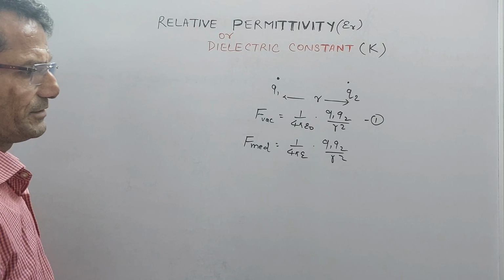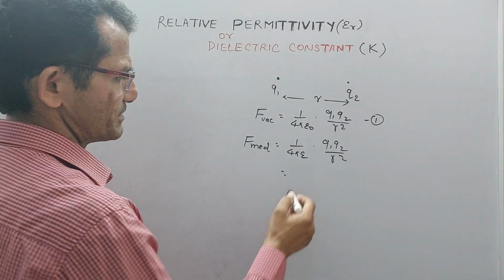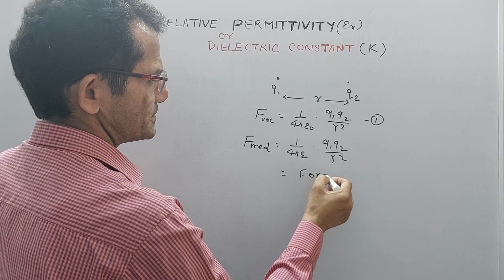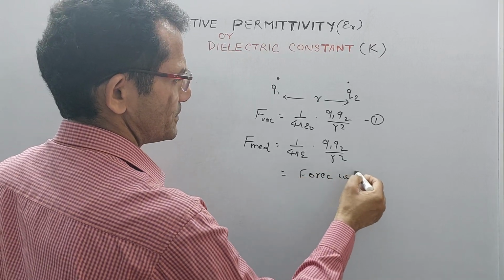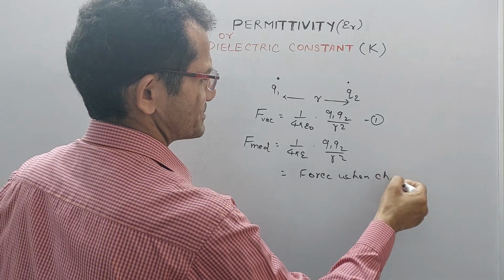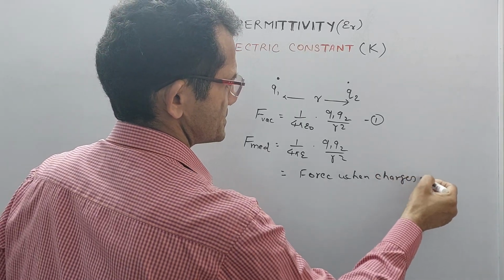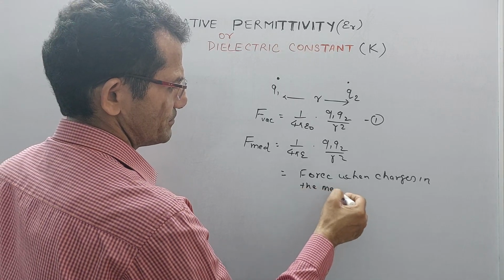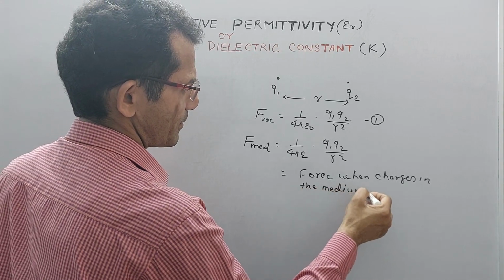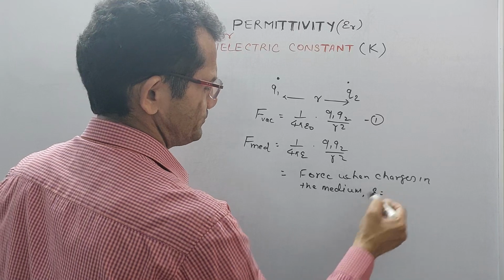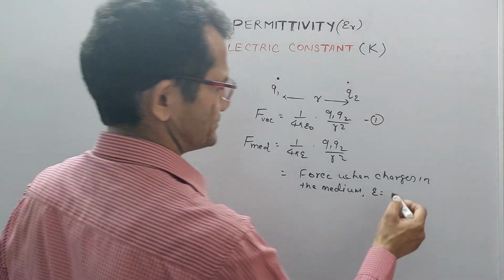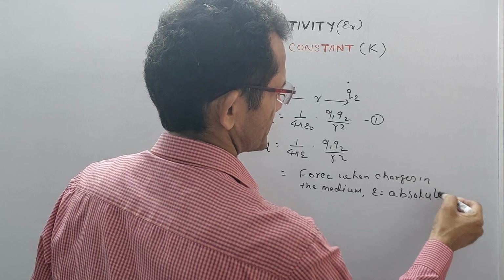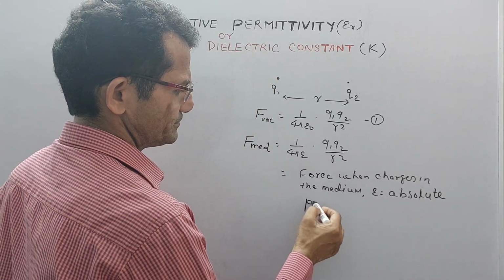So this is the force when charges are placed in some medium, whose epsilon is known as the absolute permittivity of the medium.